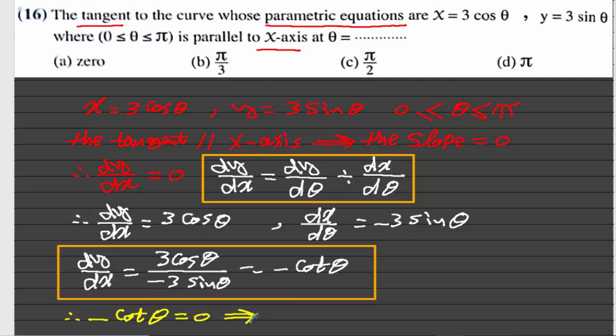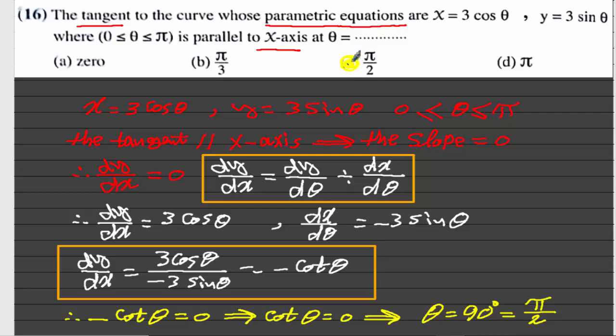That means cotan theta equals 0, and tan theta is undefined. So when cotan theta equals 0, theta equals 90 degrees, which equals pi over 2 in radian measure, and we choose letter C.